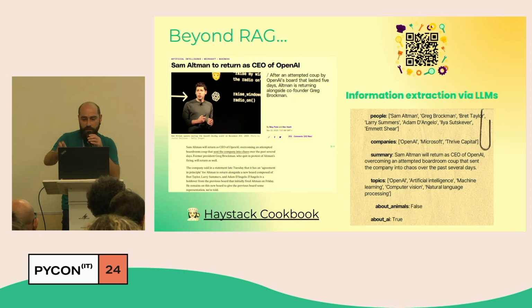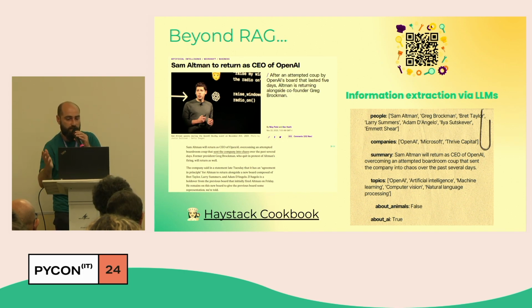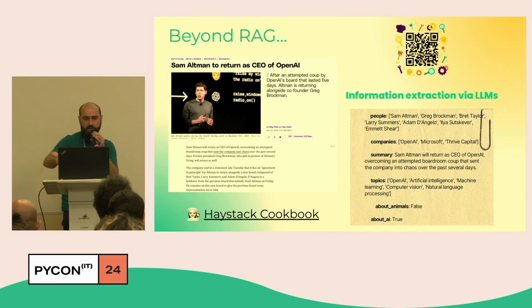For example, in this case, I want people, companies, but I also want a summary of a certain article. I want to know if it talks about animals, if it talks about AI, and I can change this schema and apply it right away, and it works quite well.